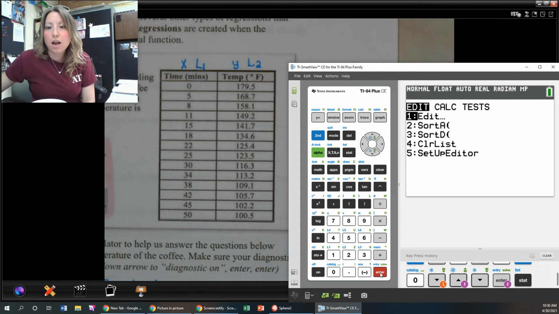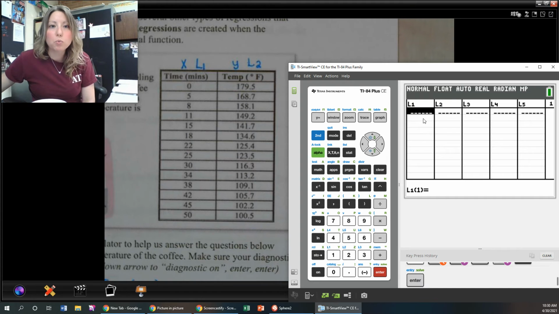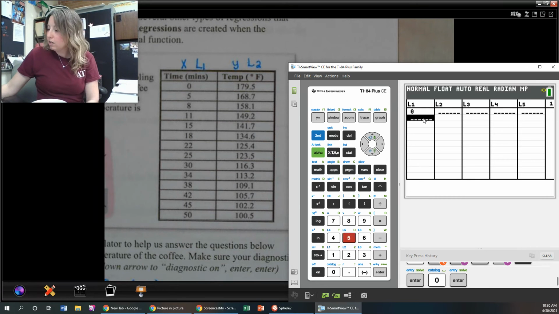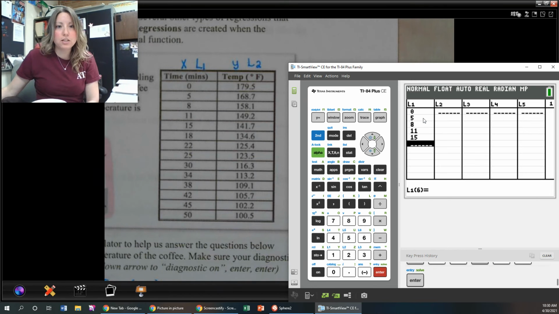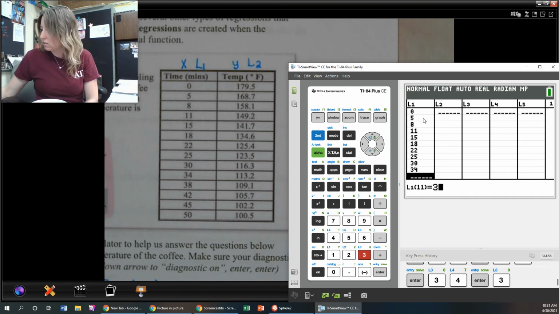Stat, enter. In L1 is where we're going to put our time in minutes. So 0, 5, 8, 11, 15, 18, 22, 25. Do I really need to keep saying all this? You can read your data, yes?